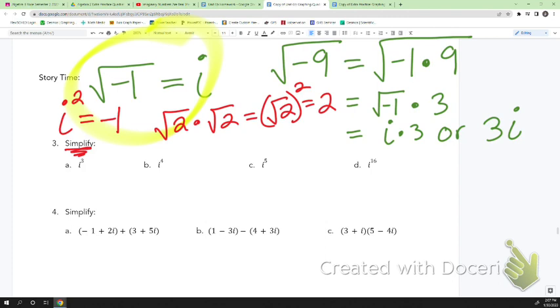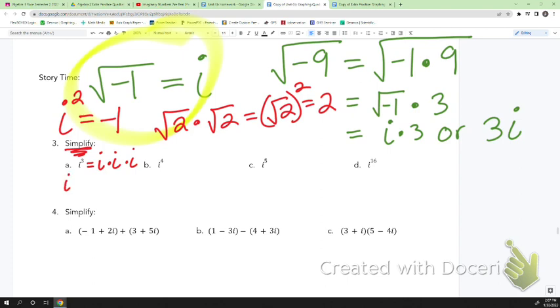Everybody with me so far? We're going to start by just trying to use i. I'm going to rewrite i to the third. How can I rewrite i to the third? What does it mean? i times itself 3 times. That's what i to the third means. It's an exponent. It's repeated multiplication.